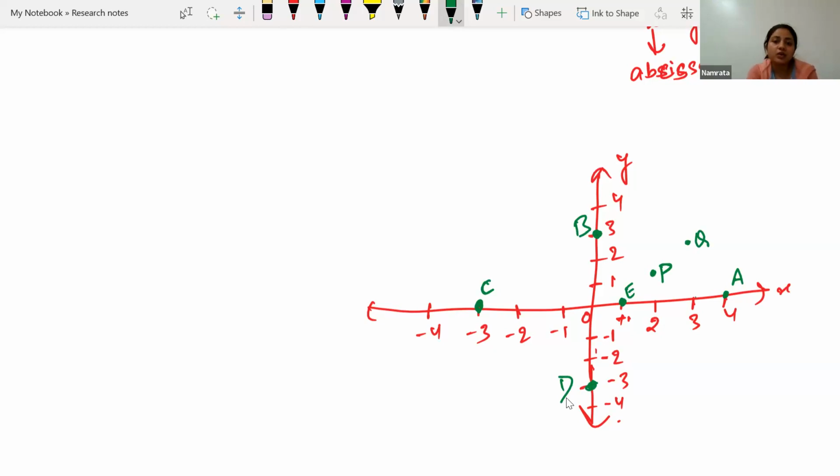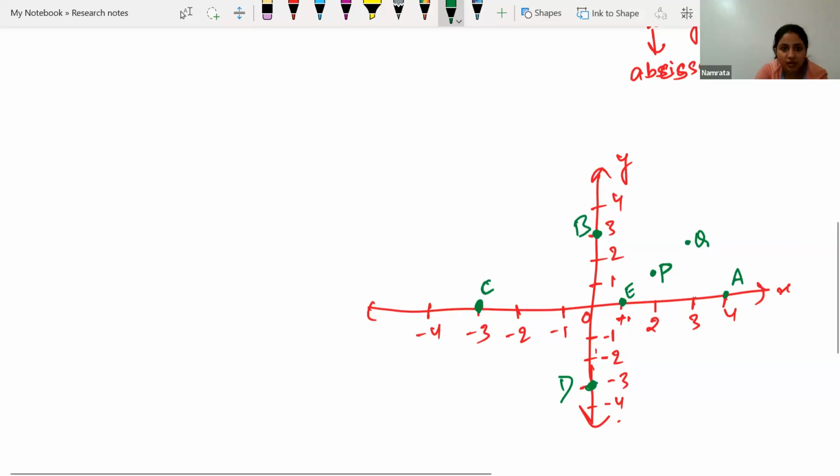So how can we write the coordinate of these points? What will be the coordinate of A? What will be the coordinate of B? What will be the coordinate of C? What will be the coordinate of D? Anyone? Let me know.